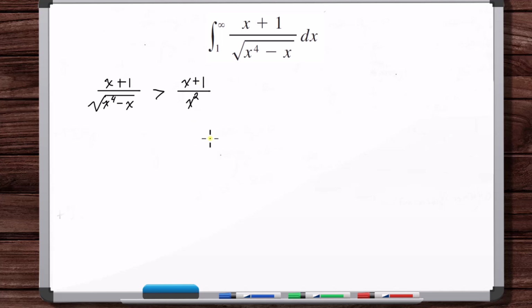Okay, so let's see if this converges or diverges going from 1 to infinity. So 1 to t. Okay, so let's evaluate the integral.